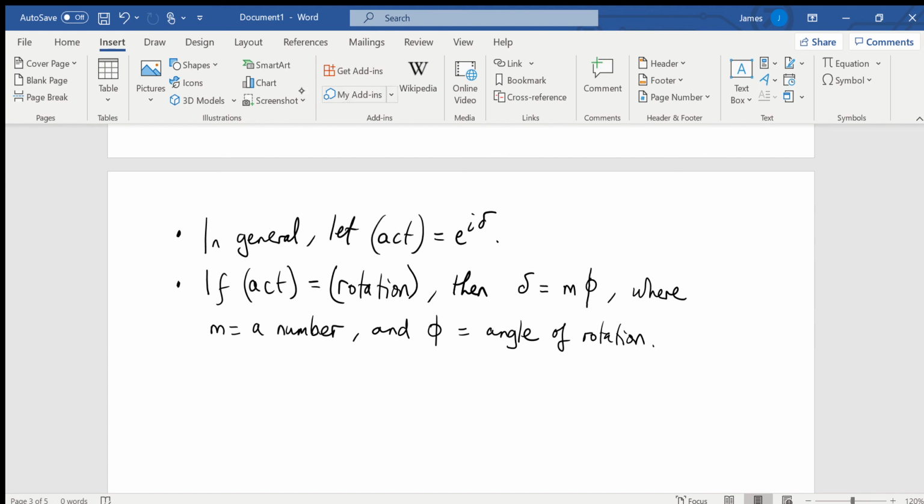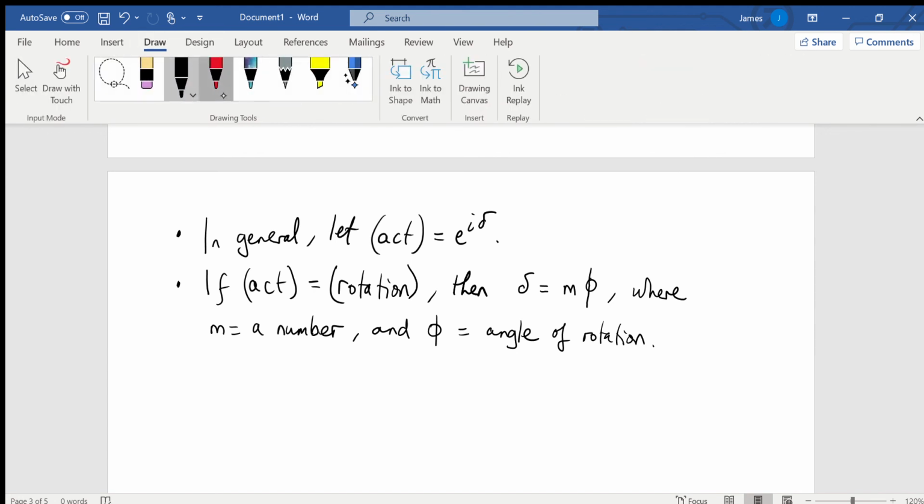Okay. So let's make a note of rotation. That's going to be important. Here, this is the Greek letter phi. Okay, so phi is the angle of rotation.